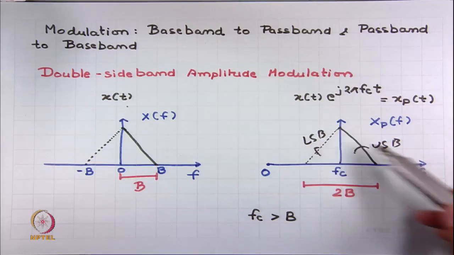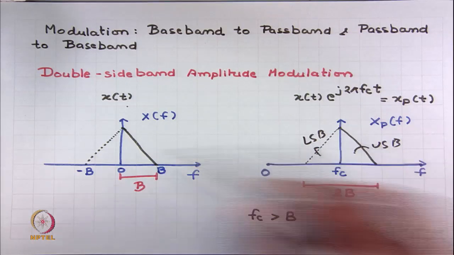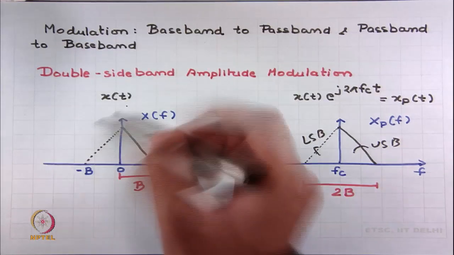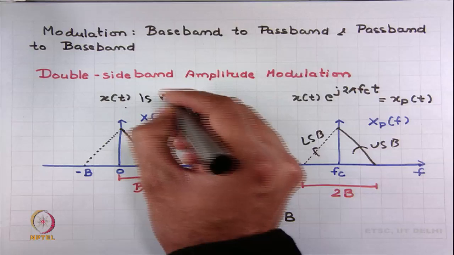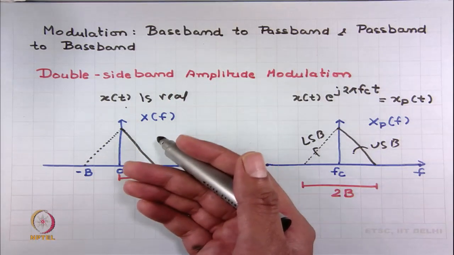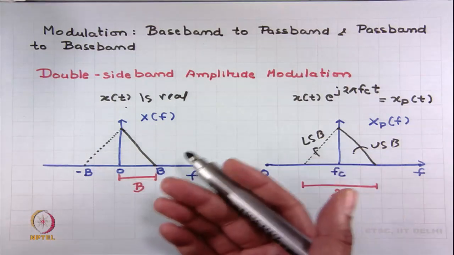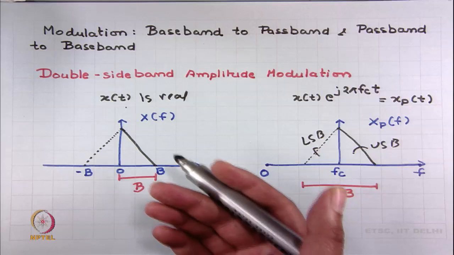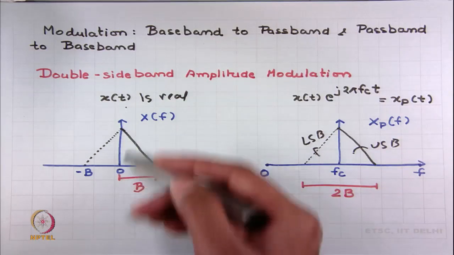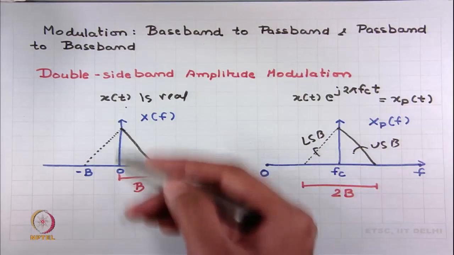The lower sideband has the same information as the upper sideband because the signal is symmetric, isn't it? If x(t) is a real signal, the amplitude spectrum is symmetric and the phase spectrum is odd, and thus from one sideband you can easily obtain the other sideband.